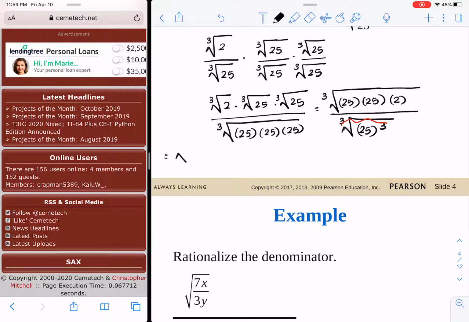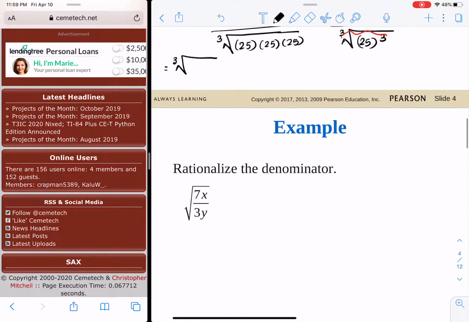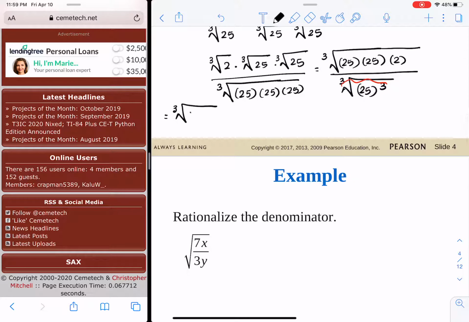So we have cube root of 25, which I'm going to write as 5 squared, 5 squared times 2 divided by 25. You may say, well, why is he doing that? Because I know that I could get a cubed of 5 out of the two 25s that I had.